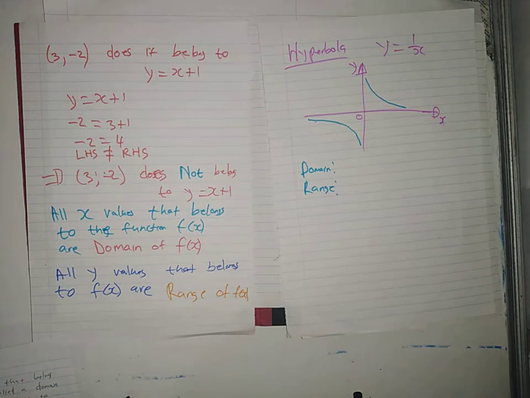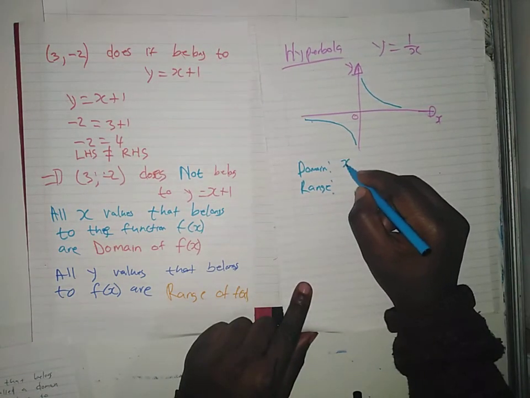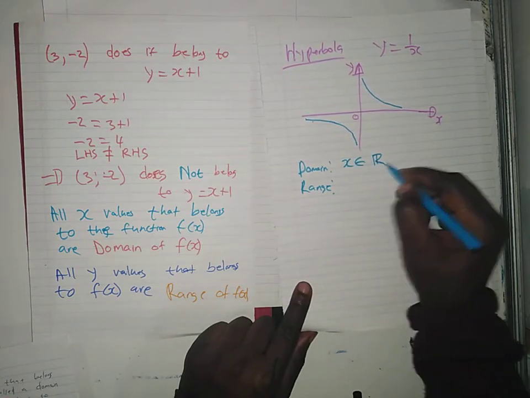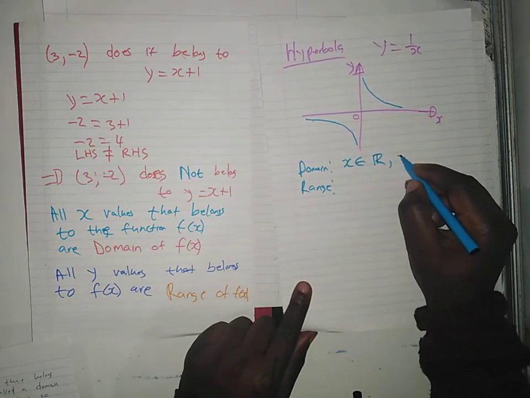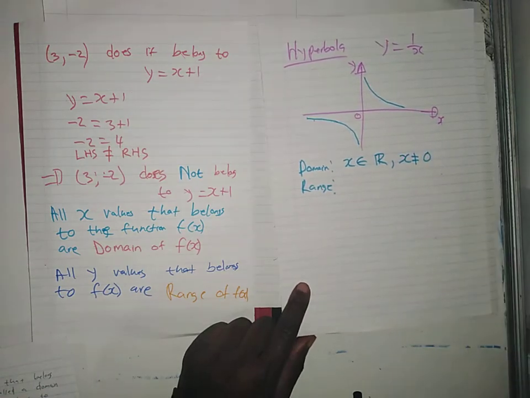So how do we explain that domain? You can just say x is an element of real numbers, but x is not equal to 0.